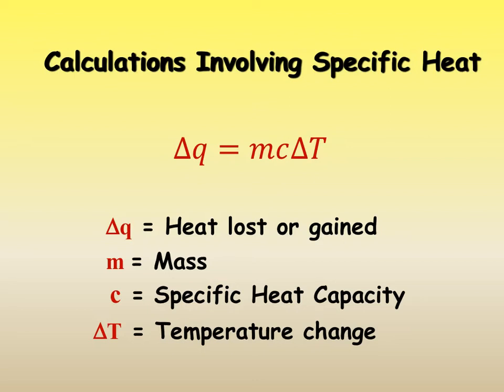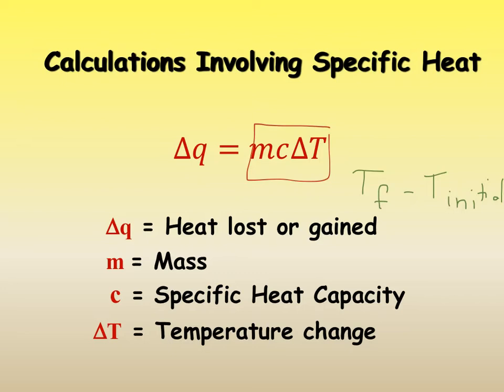Okay? Another thing just to remember is that delta always means final minus initial. Okay, so when we use this calculation here, we're going to be doing our T final minus our T initial. Okay?